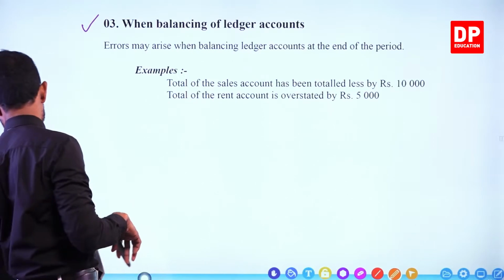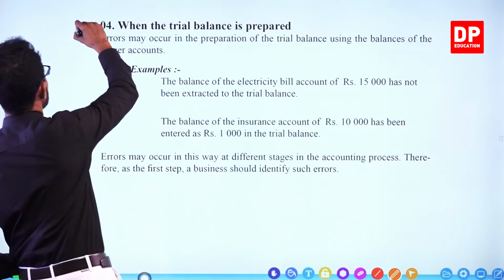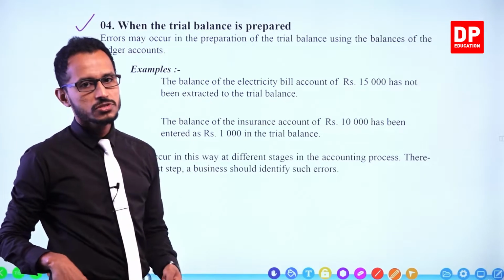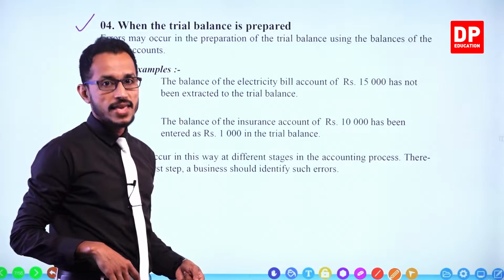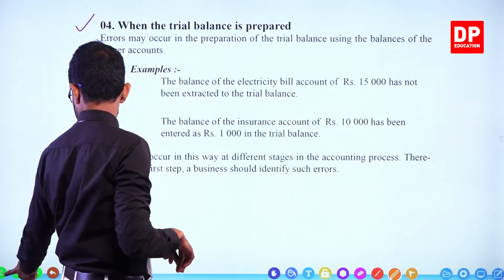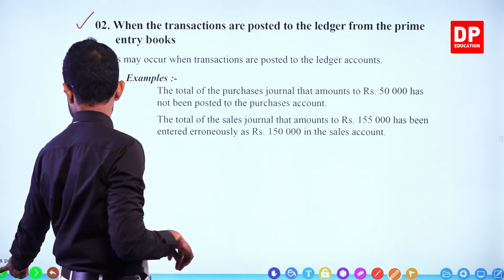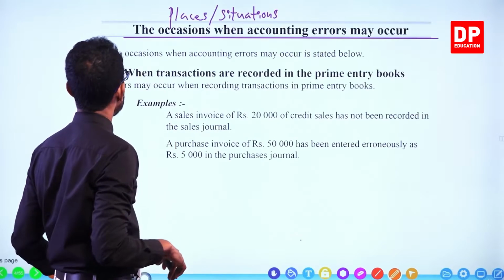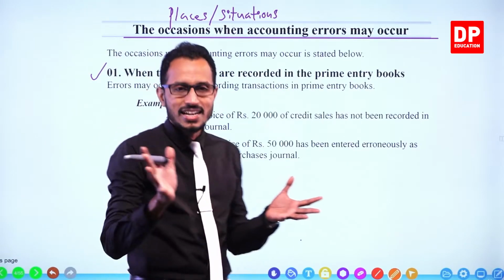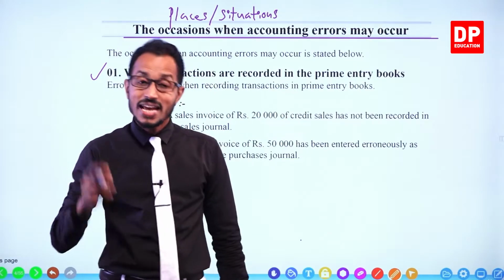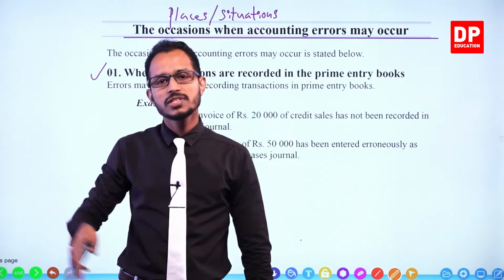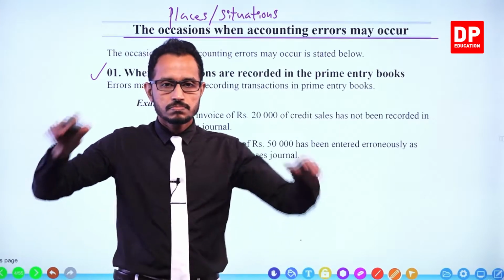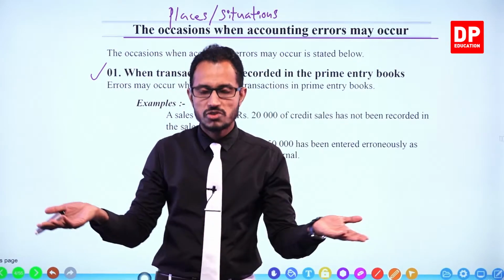Fourth, when preparing the trial balance. So these are the places where errors could occur in our accounting records, in our books of accounts.